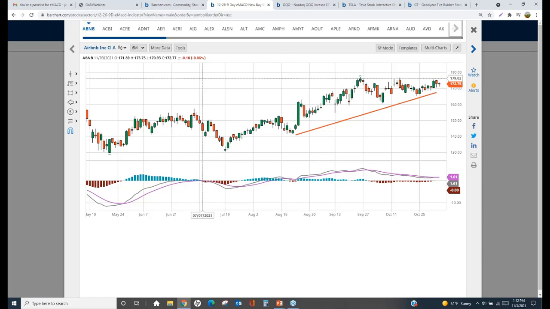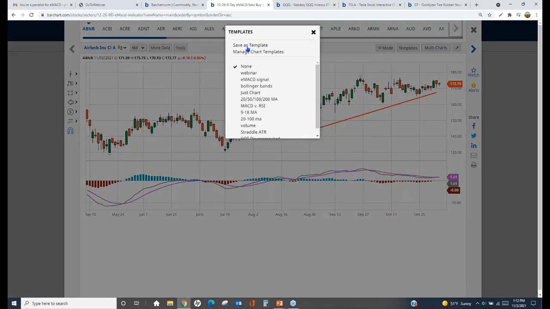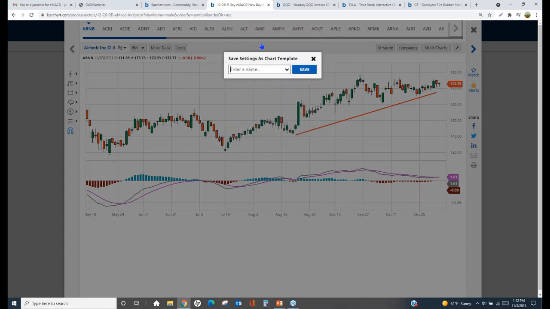Now, one of the things I can do here, if this is something that I want to use every time I'm looking at the MACD page and I want to be able to see the MACD line, is come here where it says templates and save template. I can type in whatever name I want for the studies that I've just added.